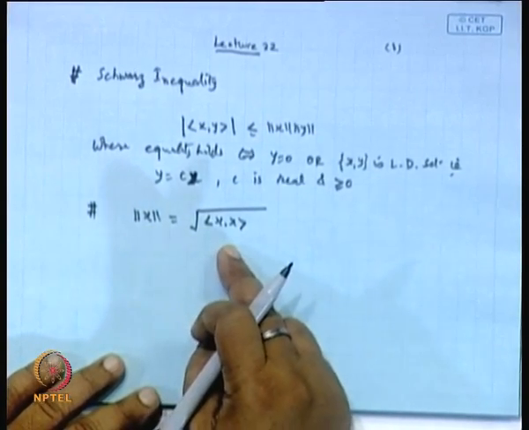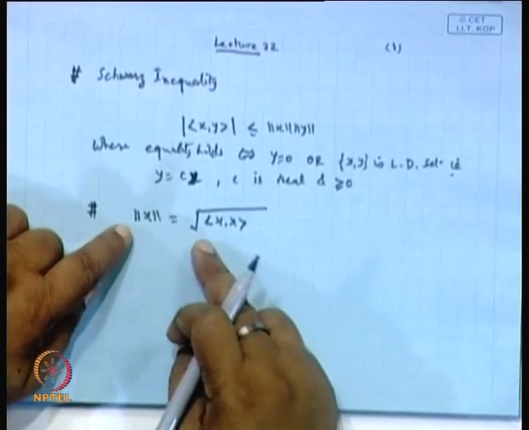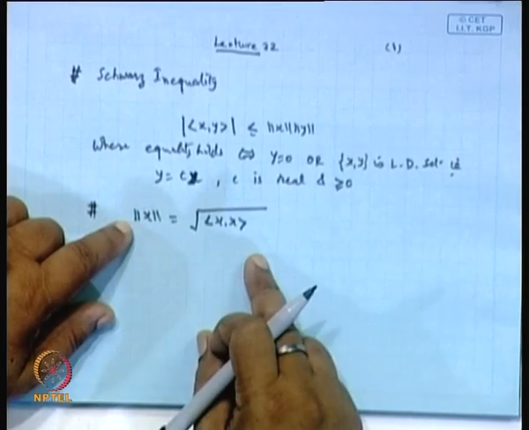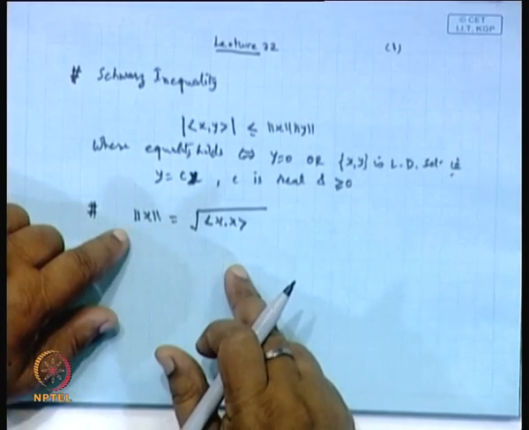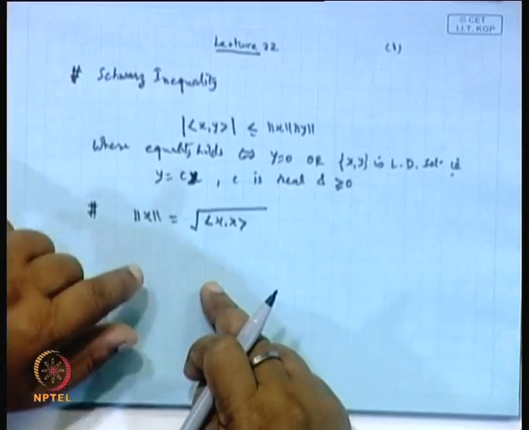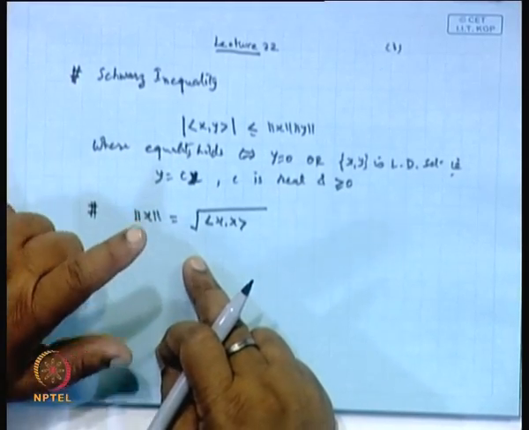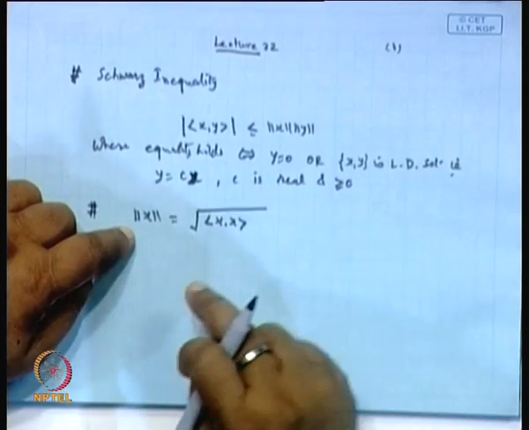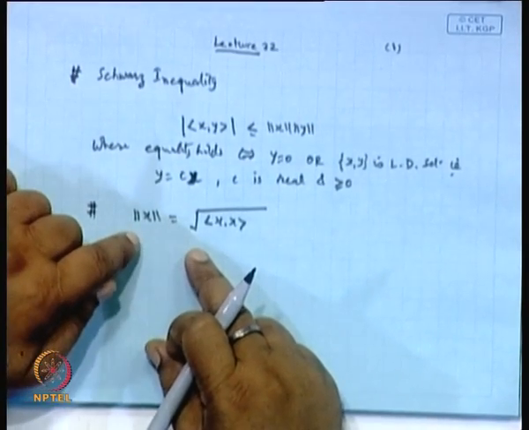We have seen that this definition satisfies all the conditions of the norm except the one which we have not verified, the triangular inequality. Now that we have the Schwarz inequality, it will help in establishing the triangular inequality also.